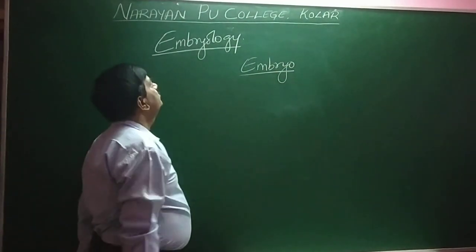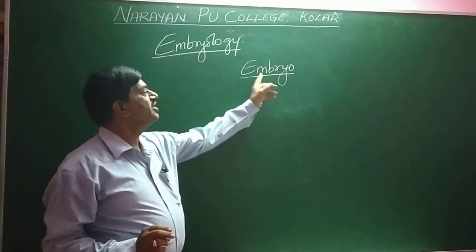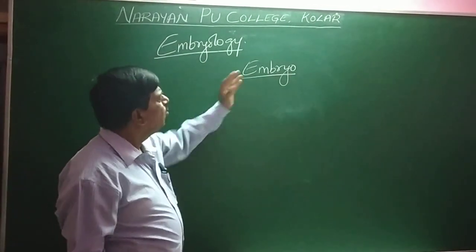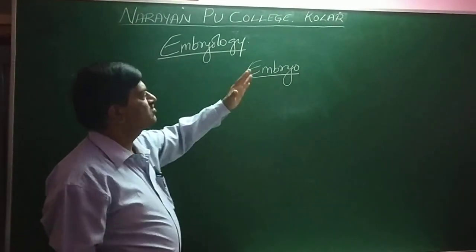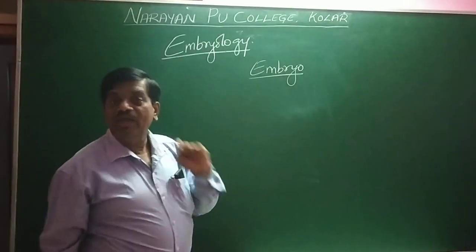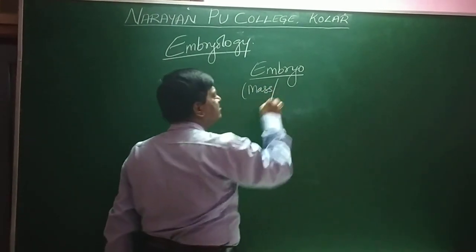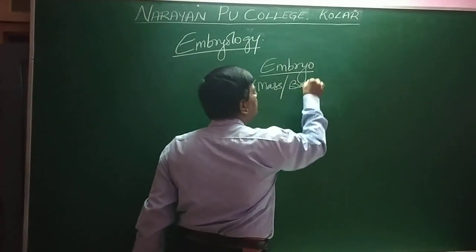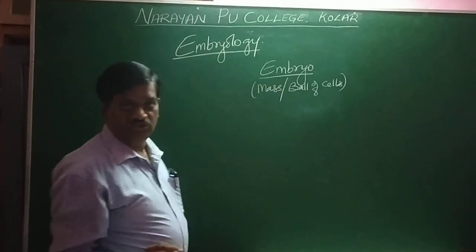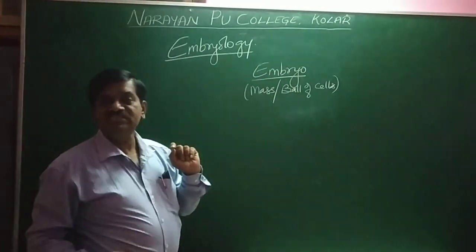Now, what is an embryo? How is this formed? Just we are going to have a glance. So here, the word embryo means a mass of cells, or we use the word ball of cells, produced from the zygote. A ball of cells or a mass of cells produced by a zygote is called an embryo.